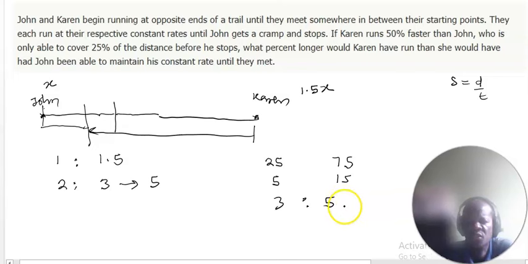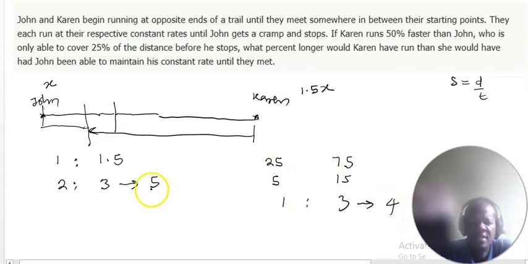Okay, sorry. So the ratio of the distance here, if John had a cramp, will have a sum of 4.